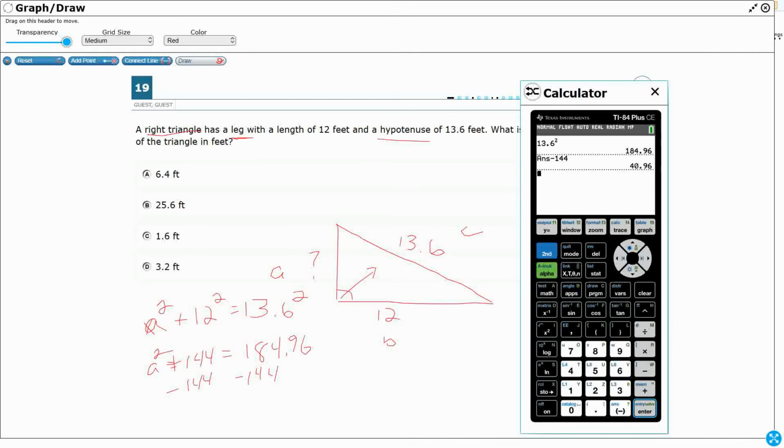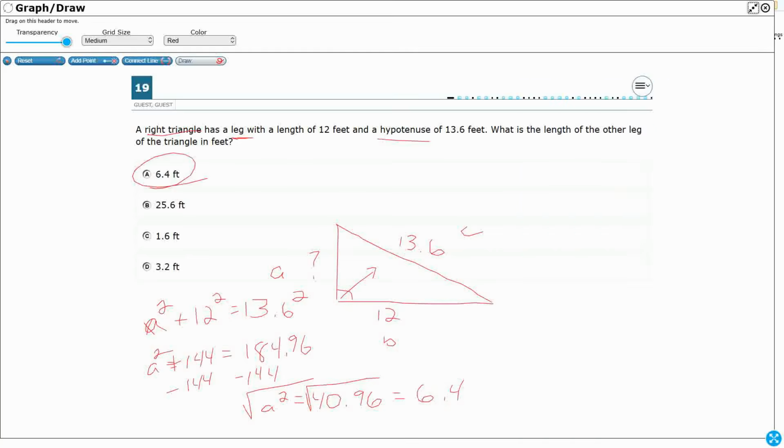All right, so I'm going to get a squared equals 40.96. And so I need to take the square root of that. So the square root of 40.96 is 6.4. Okay, 6.4, and that is going to be our answer.